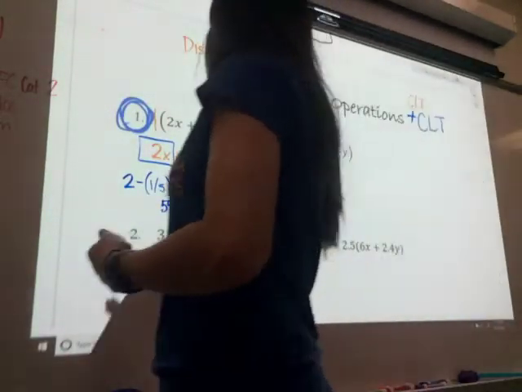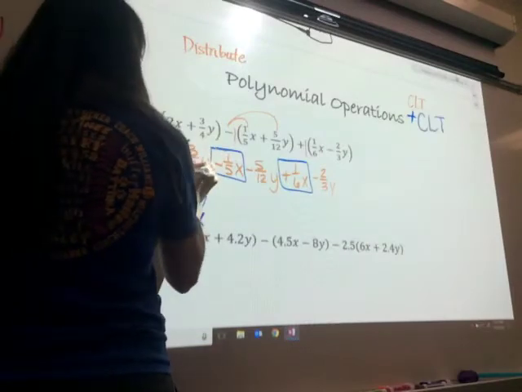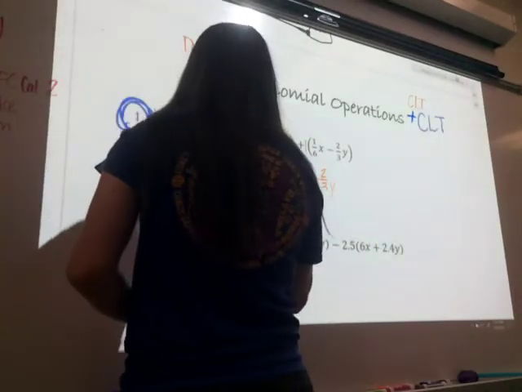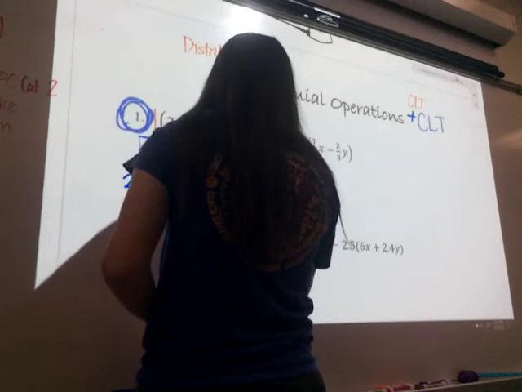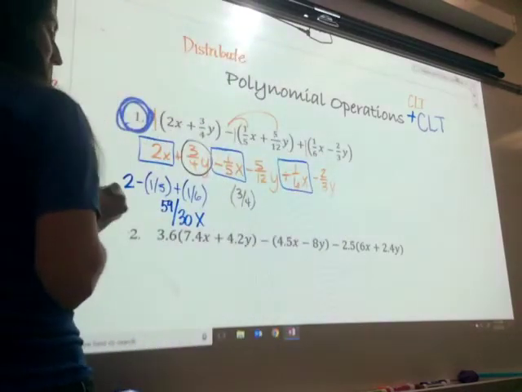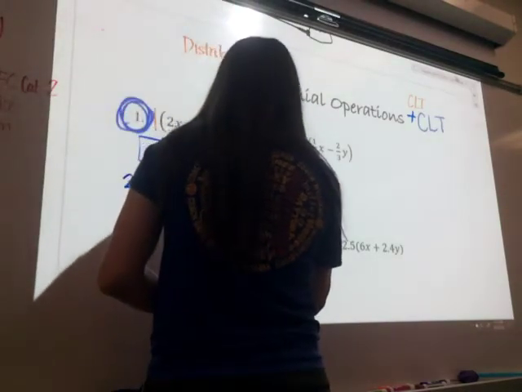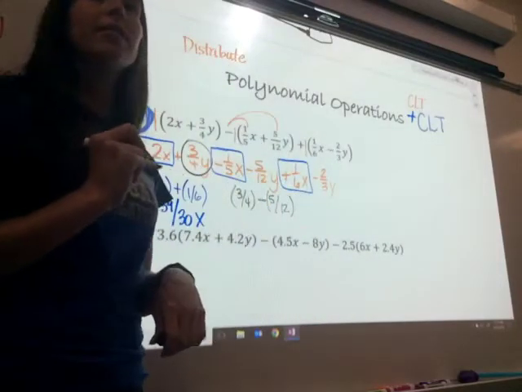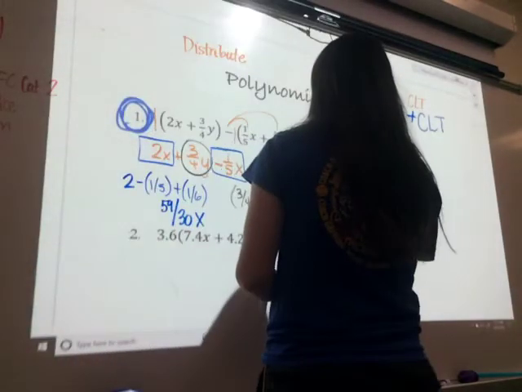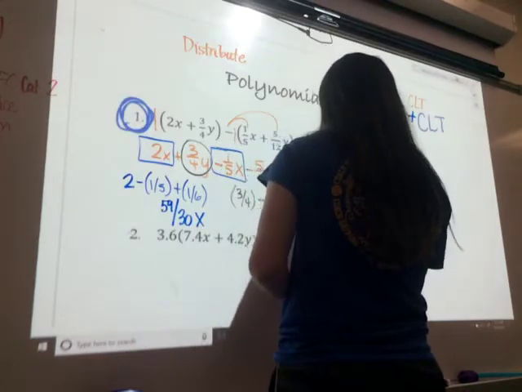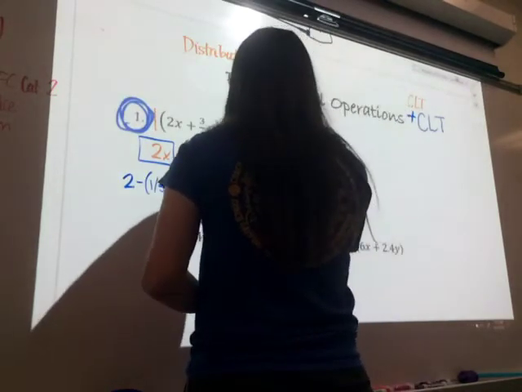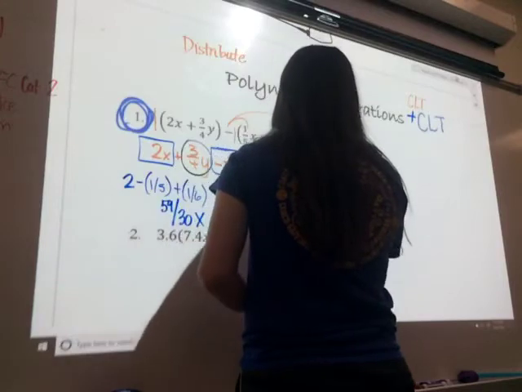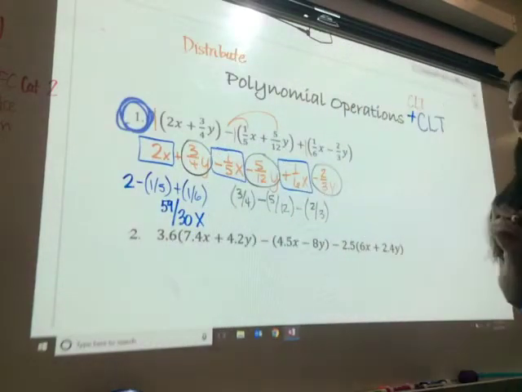Let's do my y's now. What am I going to start with? 3/4, but it's going to be in a parentheses. Then I'm going to subtract what? 5/12 in parentheses. And then subtract what? We're nearly done. Stay with me, guys, please. Then subtract 2/3.